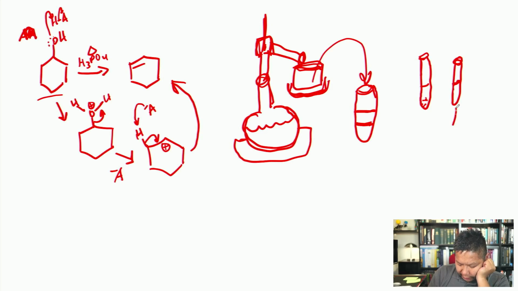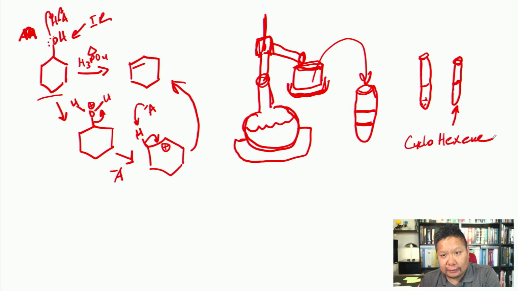Then you'll take an IR of that. Since you're doing this online, the IRs will already be given to you. You'll have an IR of the cyclohexanol, which is the starting material, and then an IR of this one, which should be cyclohexene. You can note the differences between those two IR spectra.